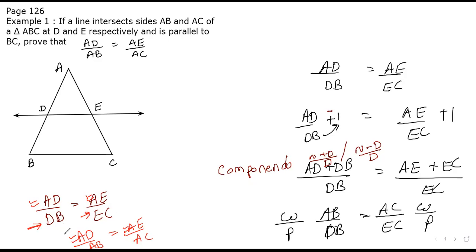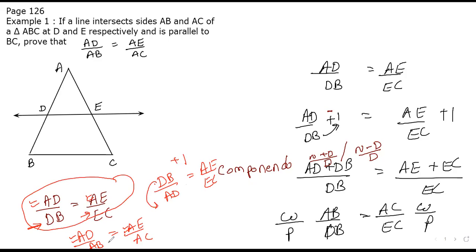For that purpose, first of all I will take the reciprocal. Reciprocating will give me DB upon AD is equal to EC upon AE. Now if I add 1, then DB plus AD will give me AB. And again I will take one more reciprocal, bringing this AB back to the denominator, because I want AB at the denominator.